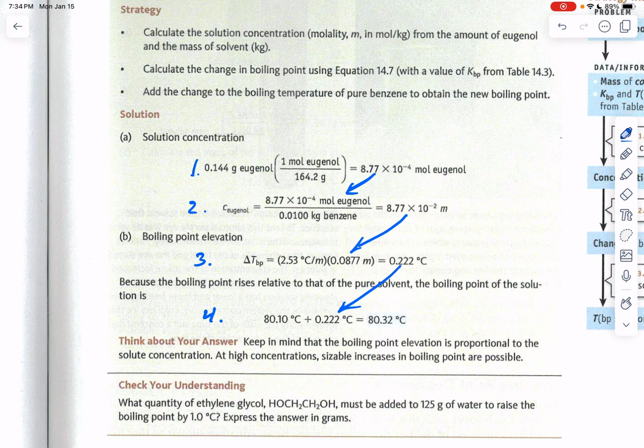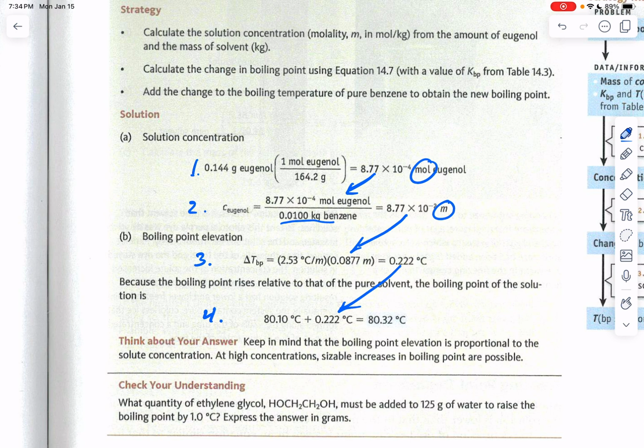In this case, the first thing we need to do is to find out how many moles of our solute we have. In this case, the solute is eugenol. And then we're going to find the molality by dividing it by the kilograms of benzene, and that gives me my molality.